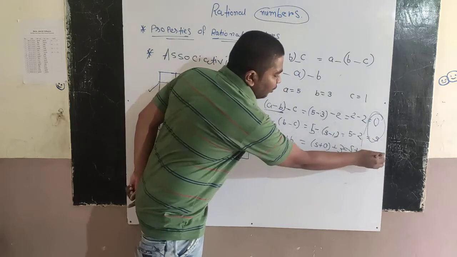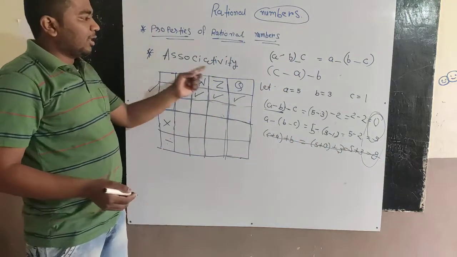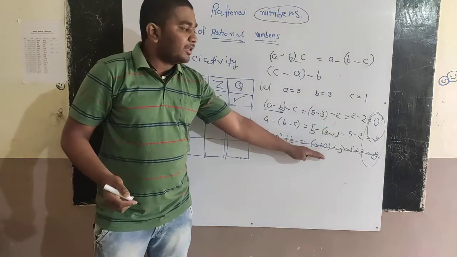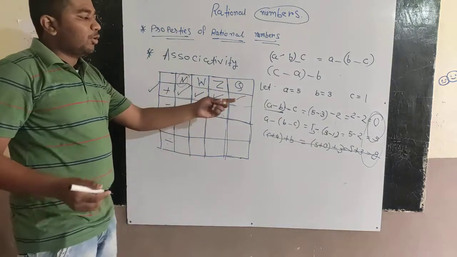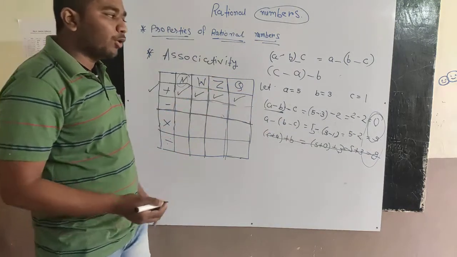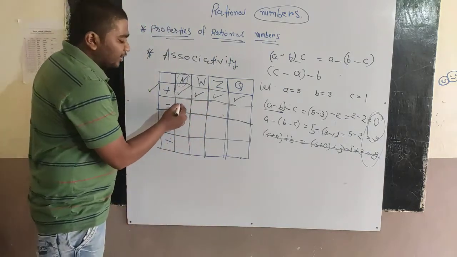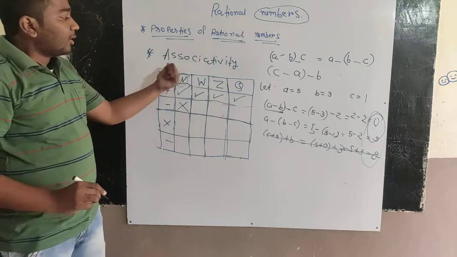Both are not the same, so we don't need to check the other one, because already these two are not the same. In every case, whatever order we are taking, our answer should be the same. So we can say natural numbers are not associative under subtraction.